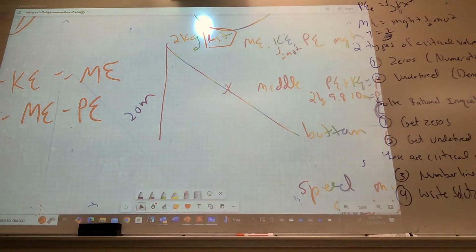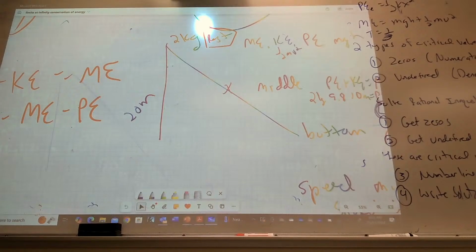Kinetic energy is one half m v squared. Potential energy is m g h. So the kinetic energy is equal to 1/2 times 2 times 3 squared. Potential energy is 2 times 10 times 20, for the 2 kilogram mass.